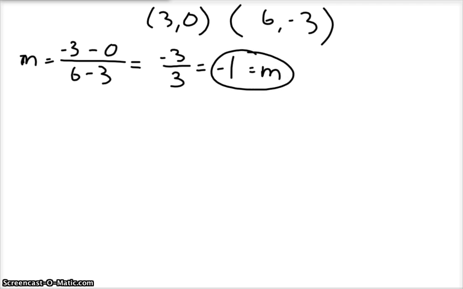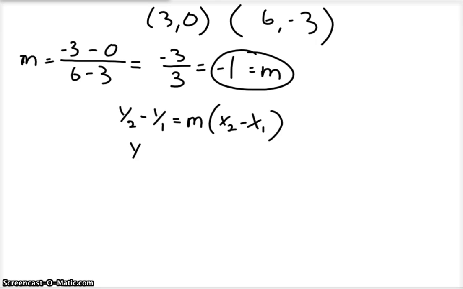Alright? Just as a reminder, the equation that we use, we've separated our y's. So we have y2 minus y1 equals m times x2 minus x1. So there's our equation. Let's plug in our numbers.